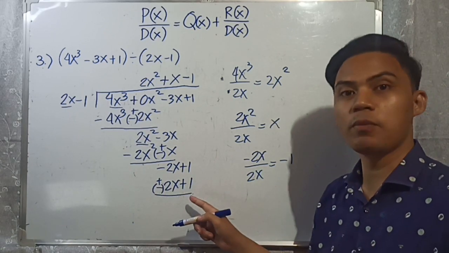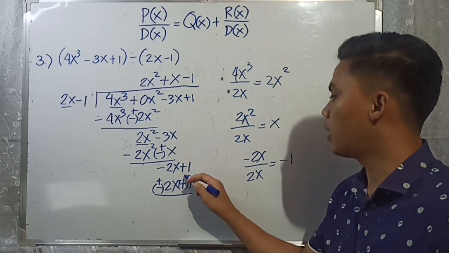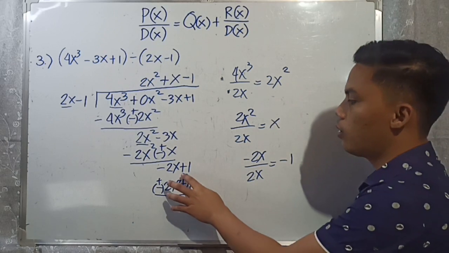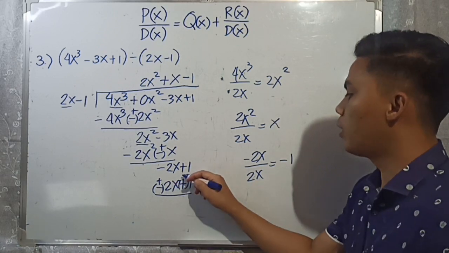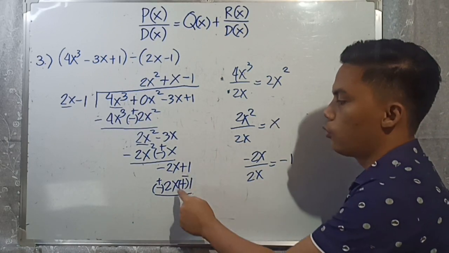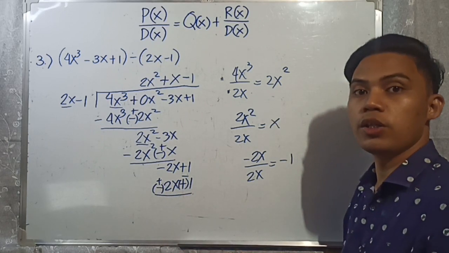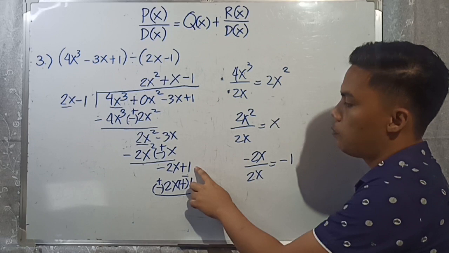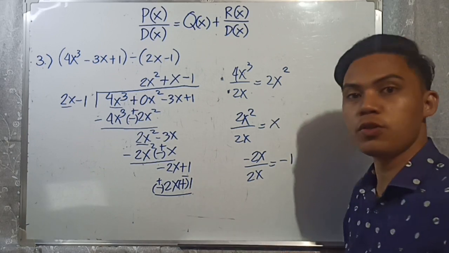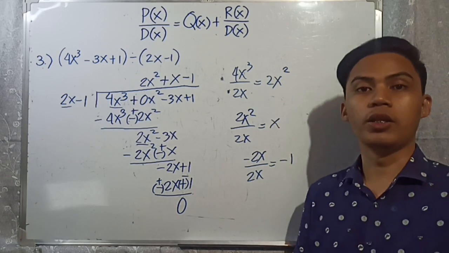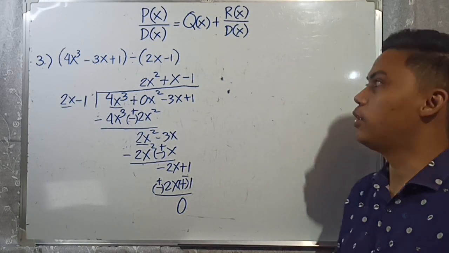Yung positive 1 naman ay magiging negative 1. Okay, then we're going to combine them vertically. So, negative 2x plus 2x, that is equal to 0. And positive 1 minus 1 is also equal to 0. Therefore, wala tayong remainder.